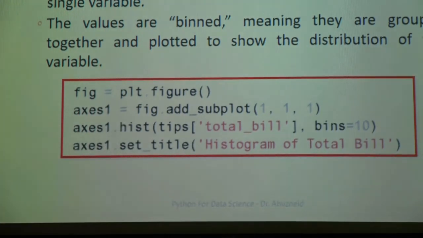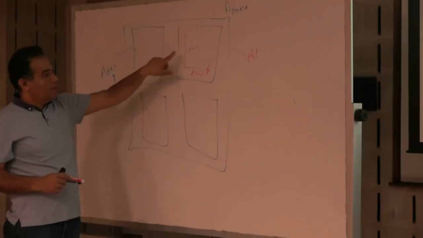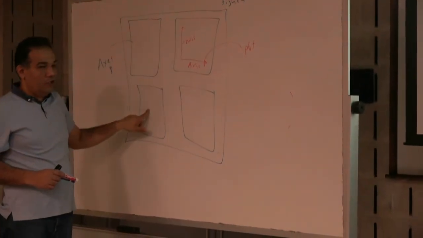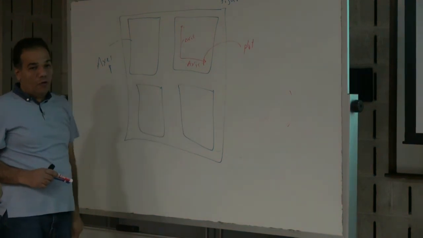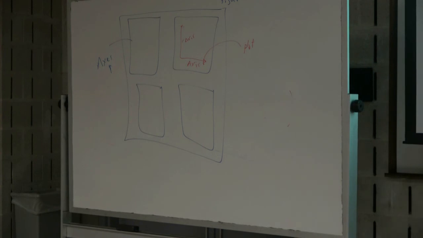In here it will be 2 times 2, and this is plot location 1, plot location 2, plot location 3, plot location 4. So the third number in here is the plot location. But here anyway, I have one location, because 1 times 1 gives me 1. Got it? Maybe in the next example I'll make it more clear.